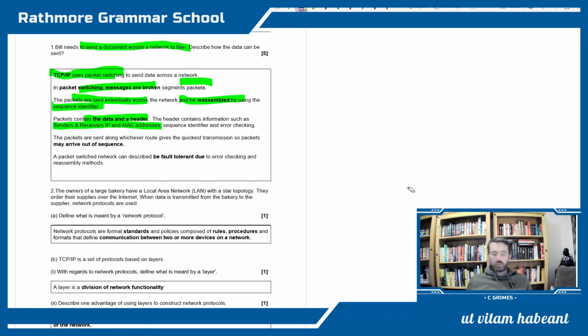An explanation of what happens if they arrive out of sync, that the sequence identifier can be used to reassemble them. And also there was a mark point that they're fault tolerant because they use some type of error checking, for example the CRC. If they arrive and one packet has been dropped, they can ask for a resend, and we said that that's fault tolerant. So there's about 7 or 8 mark points in that, and you just had to get any 5 of those to be awarded full marks.